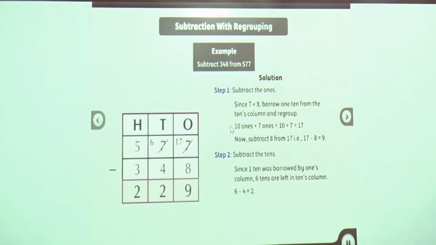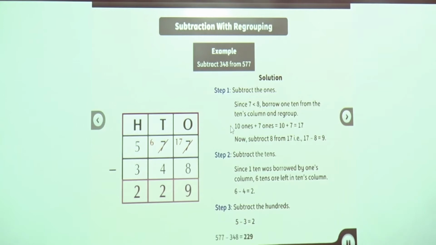Second, subtract the tens. Since one 10 was borrowed by the ones column, now 6 tens are left in the tens column. So, 6 minus 4 is equal to 2. Third, subtract the hundreds. So, 5 minus 3 is equal to 2.